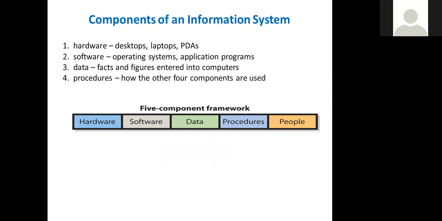For example, whenever you go to an ATM to withdraw money, you are basically following an information systems procedure. And the procedure is very simple, but nonetheless it is there. For example, you enter your ATM card, and then there's a response from the information system.